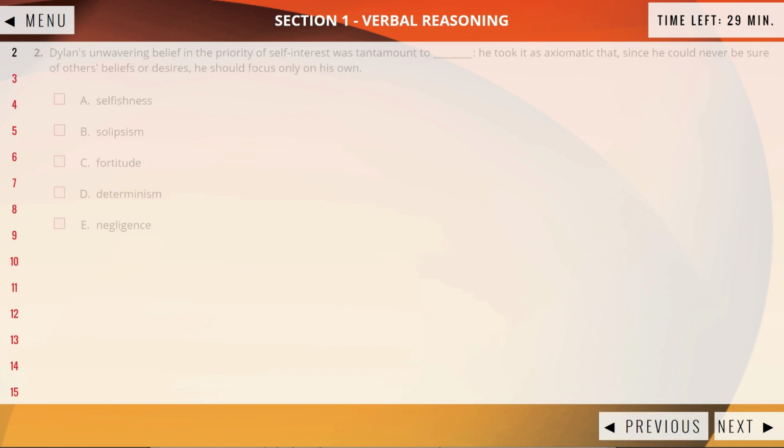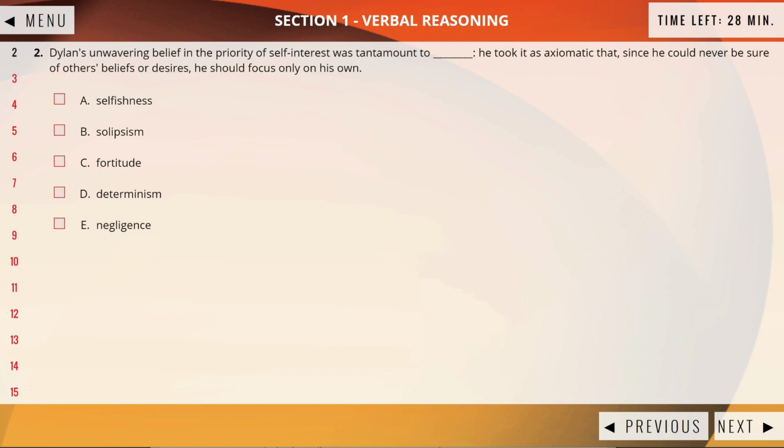I'm teaching too much. I need to hurry up. Dylan's unwavering belief in the priority of self-interest was tantamount, so he loves self-interest, was tantamount to something. He took it as axiomatic that since he could never be sure of other people's beliefs or desires, he should focus only on his own. So this person really believes in being self-interested. Tantamount to selfishness, solipsism.